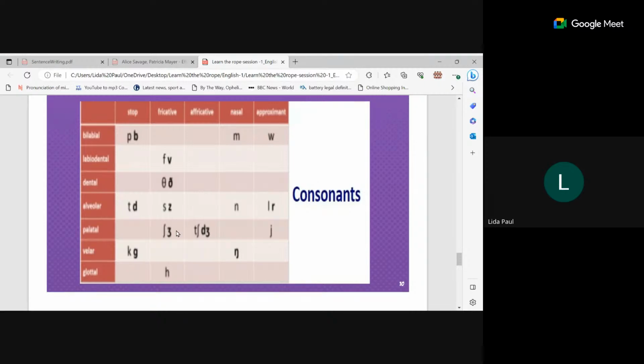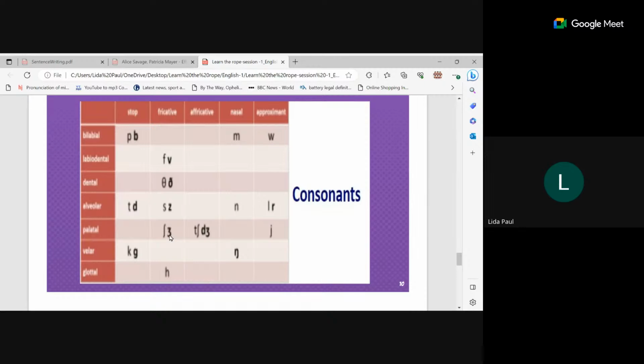Now this sound that you see here, again, you don't have to know the symbolic representation, but the sound is very, very specific to the English language. You don't find this sound in other languages. It is found in the words pleasure, measure, leisure. Okay, it's not sh.